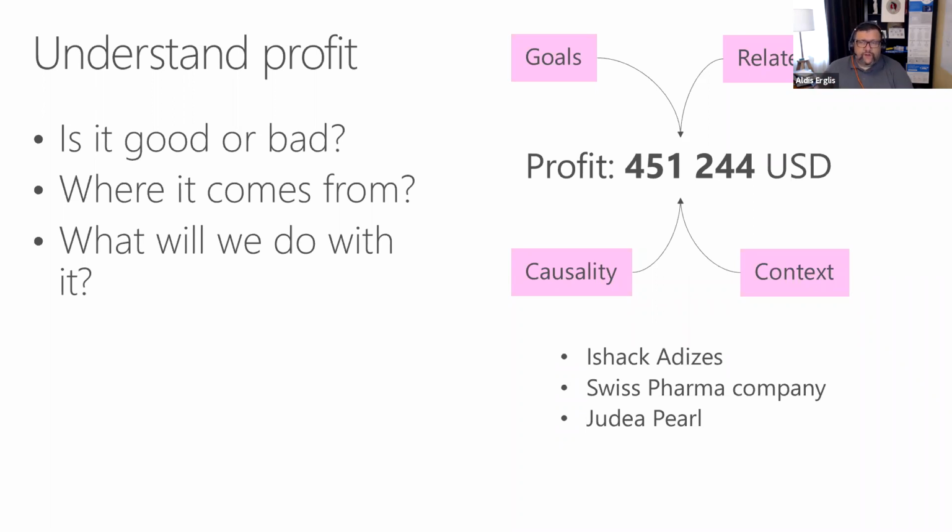And if we look at this number, we need to refer to, for example, the bullet points below. So we could say goals. What was the goal for this profit? And we could say that the goal was $300,000. In this case, you will say we got more profit than we planned, so it's very good.